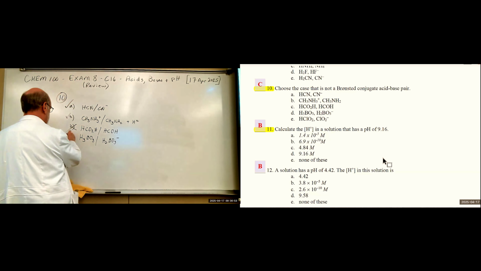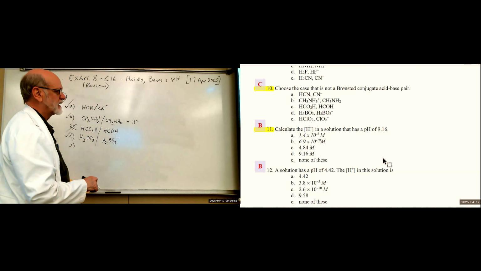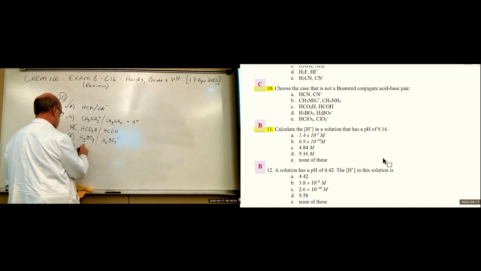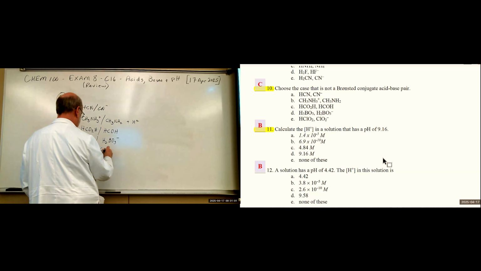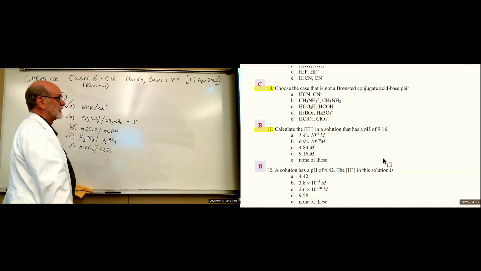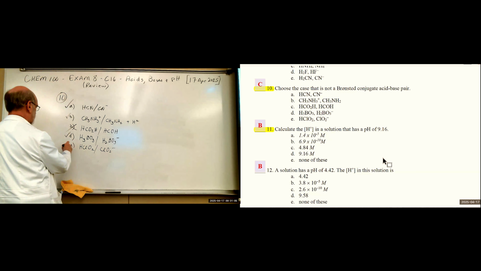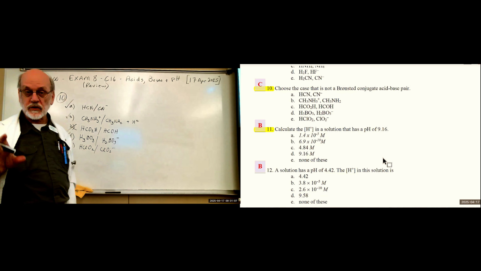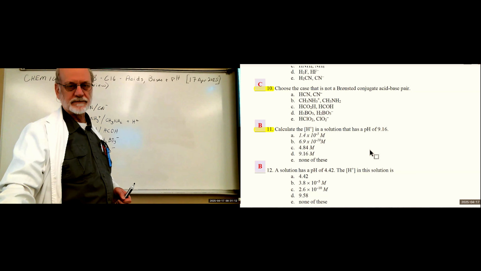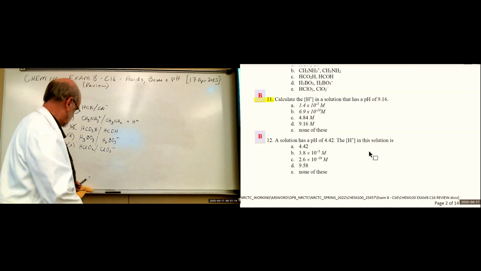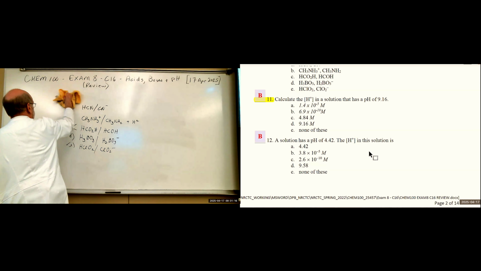Yeah, that one's good. And HClO2, and this should be ClO2 minus. Yep, that one's good. So C is the one that shouldn't be there. It violated the rules. Now number 11.